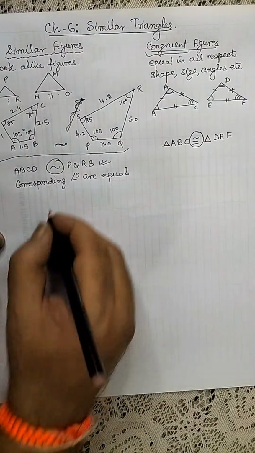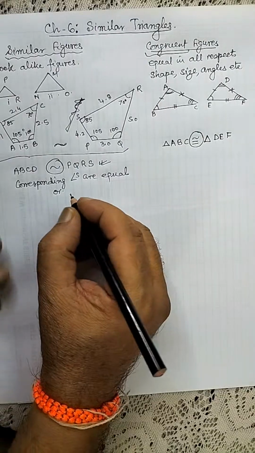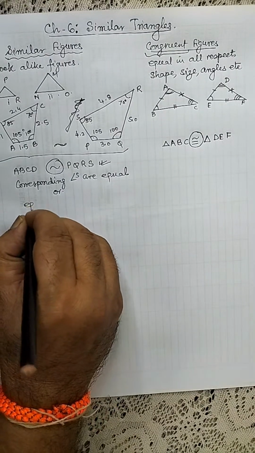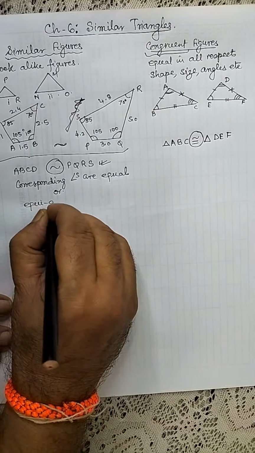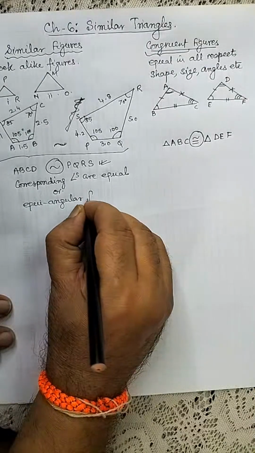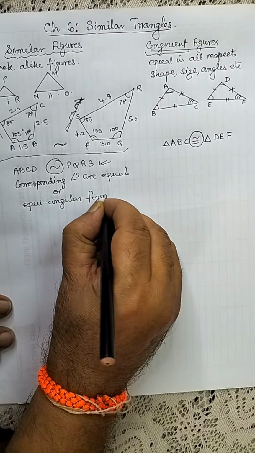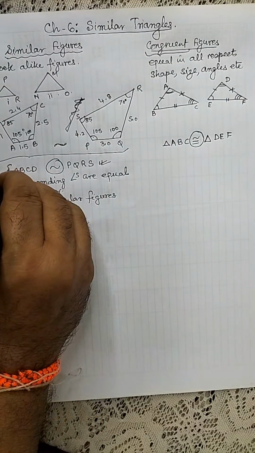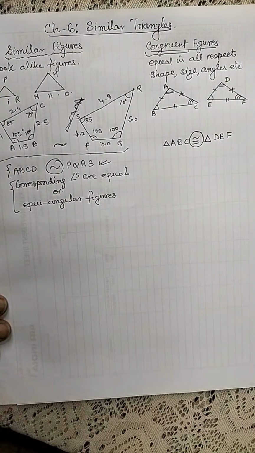Or I can say similar figures are equiangular figures. They are equiangular shapes or figures. This is the second outcome we are getting out of it, right?